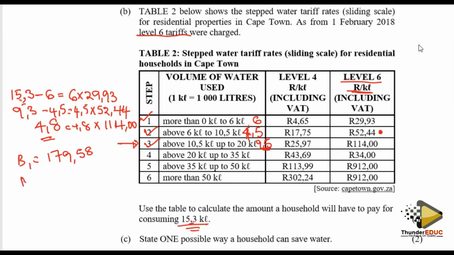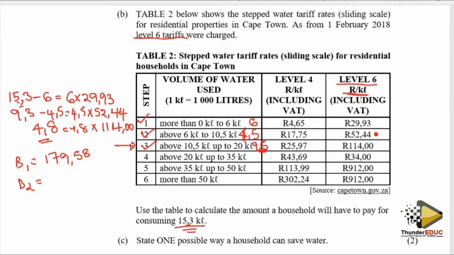Bracket number 2, we have 235.98. Then we are looking at bracket number 3, which is 4.8 times 100.14. It gives us 500.